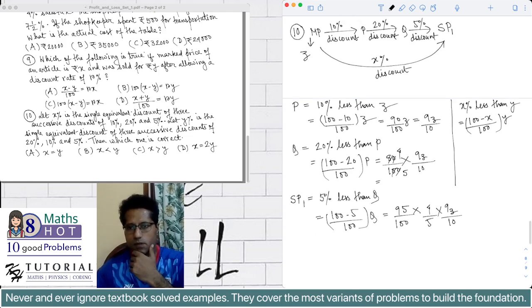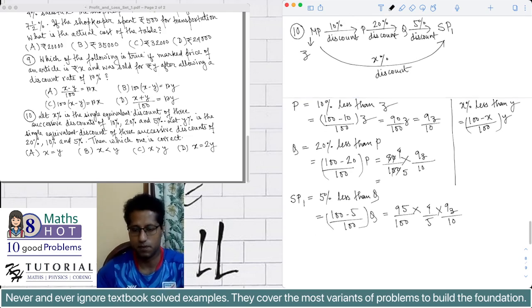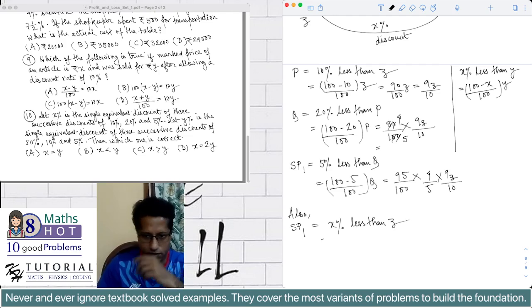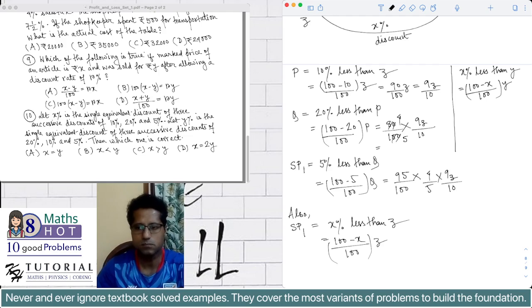Now we can also compute SP1 based on the single discount of X%. Also we can say SP1 is equal to X% less than Z, which is equal to (100 minus X) divided by 100 multiplied by Z. Now we can equate these two because these two are same.